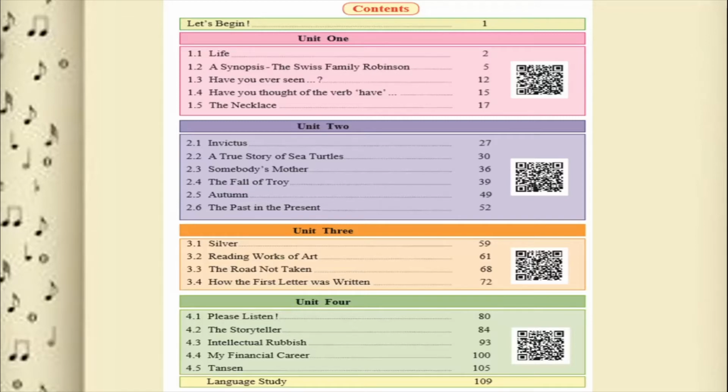Alright, now a new thing which has come into our textbooks for the last few years is this barcode that you can see. So in case you have an Android mobile with you, you can use a barcode scanner.